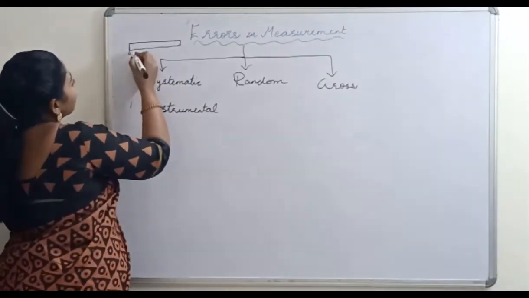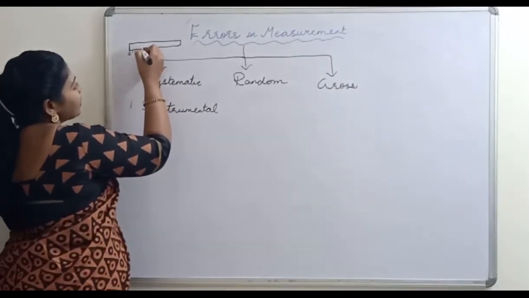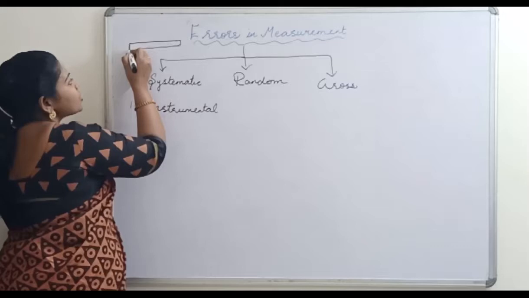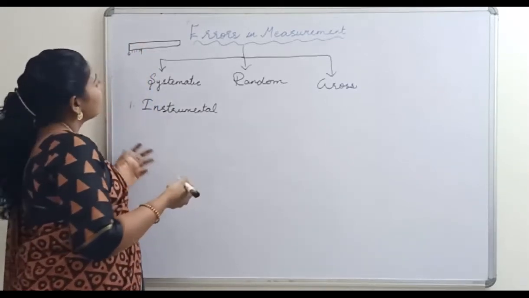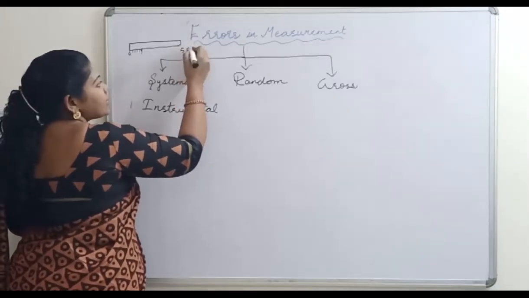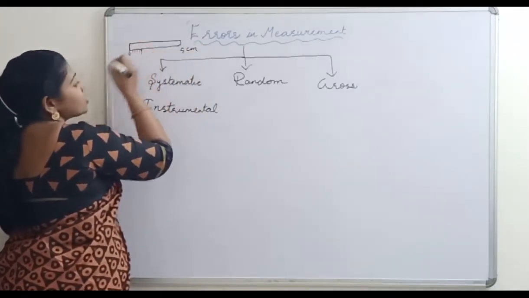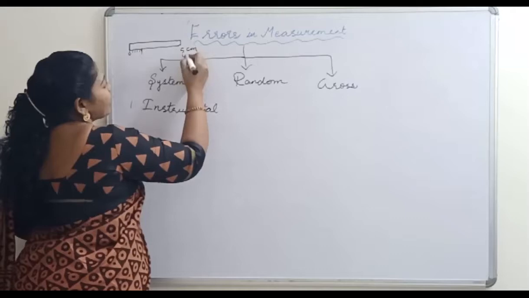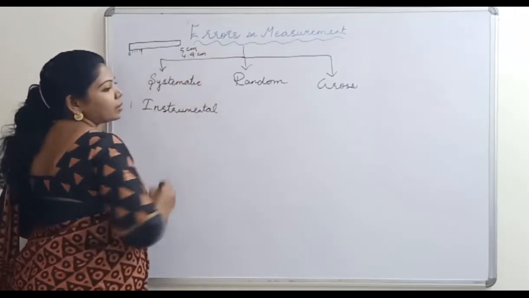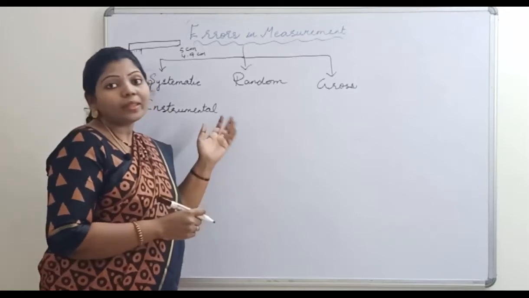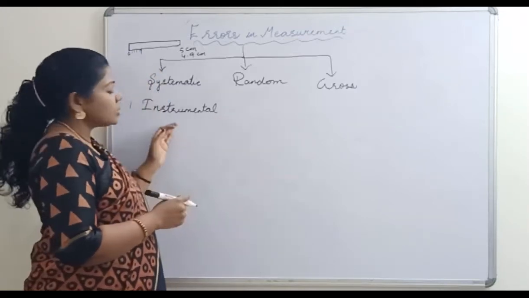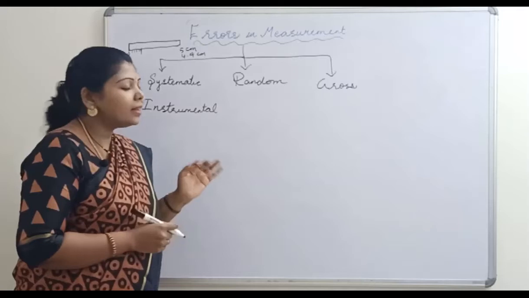Other divisions will be clear, but the zero division won't be there. If we use that kind of scale, suppose you are measuring 5 centimeter, since this division is not there, you'll be getting around 4.9 centimeter. In that case, an error has occurred due to the instrument, and that is called instrumental error.